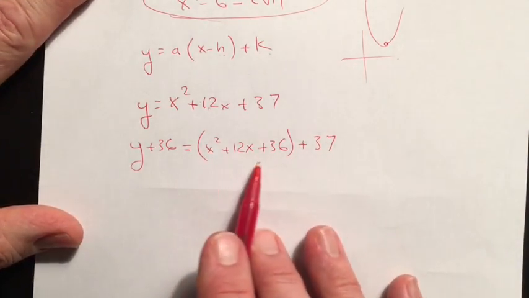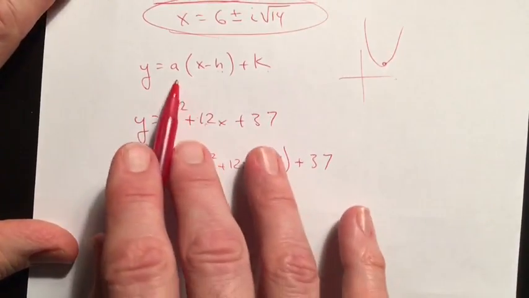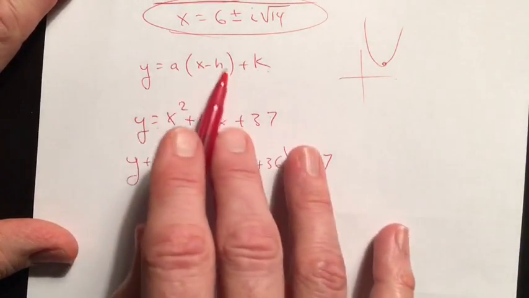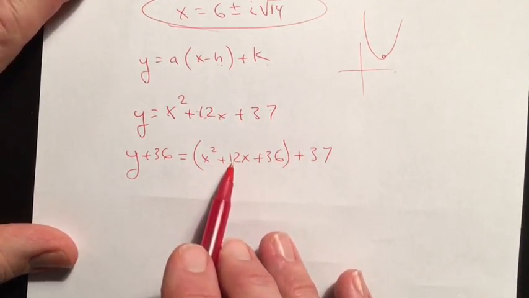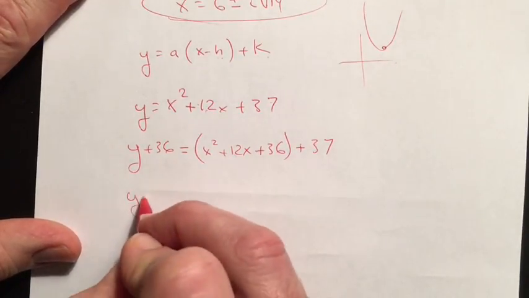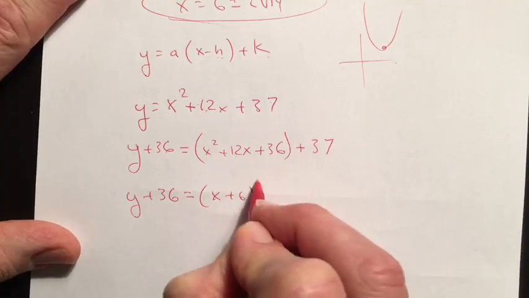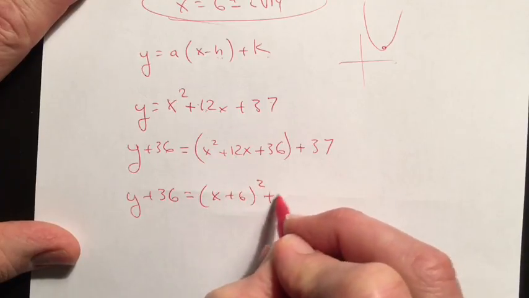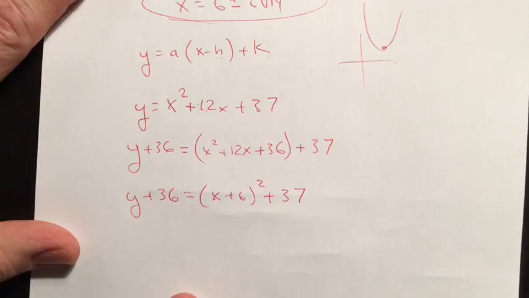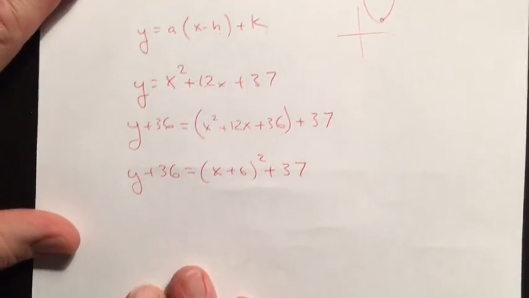Now again, this is going to be heading towards giving us our x minus h. So when we do our factoring of this, you're going to have y plus 36 equals x plus 6 squared plus 37. And really just one more step and we're done.